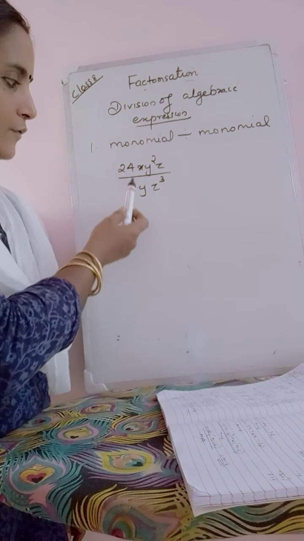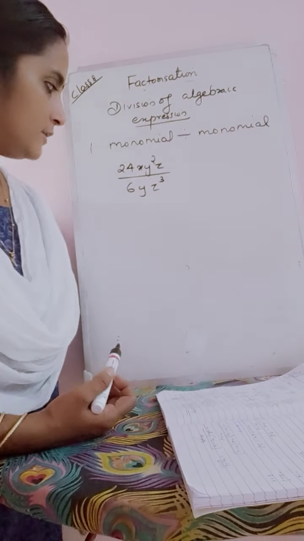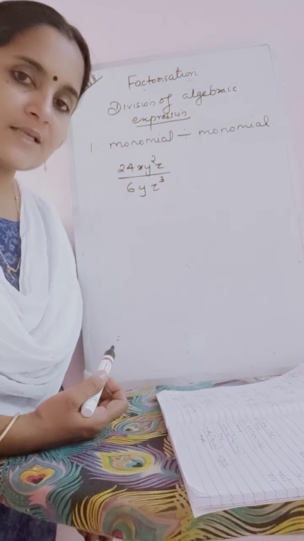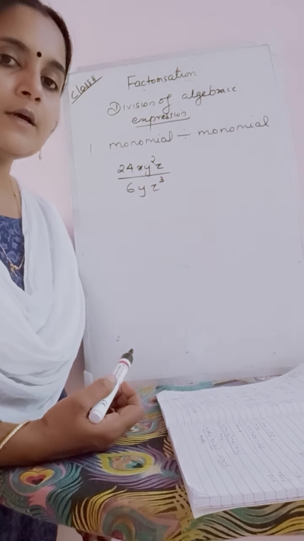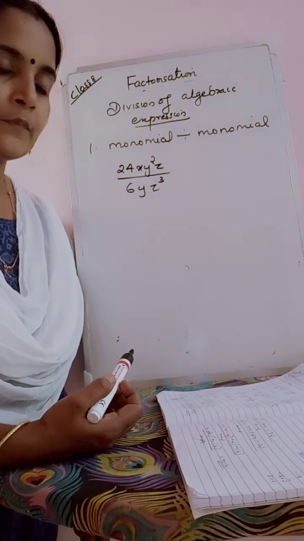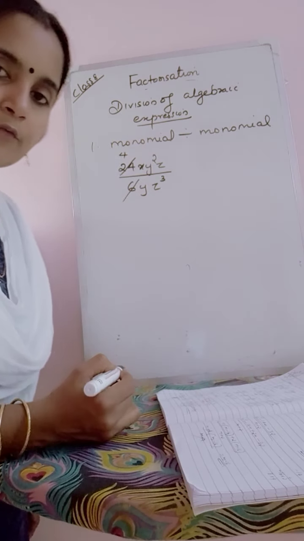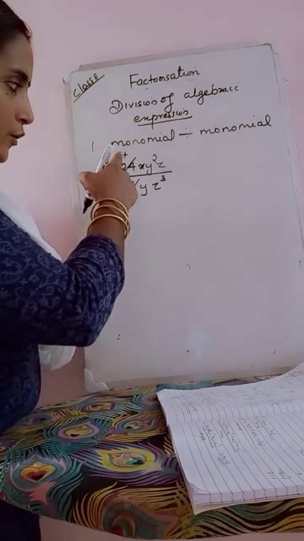That is 24 and 6. 2 is a common factor, 3 is a common factor, 6 is a common factor, but we cancel with the highest common factor. So cancel like this, 6 4s are 24, here we get 4 in the numerator.